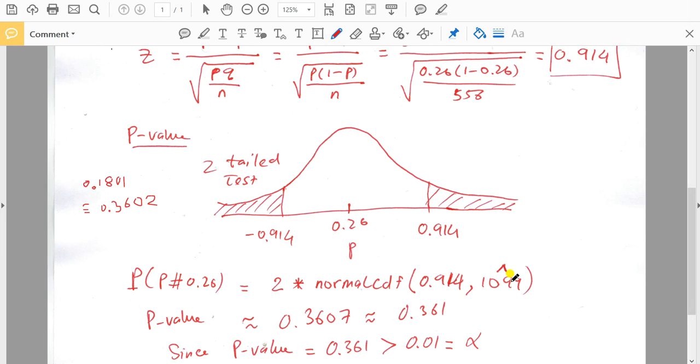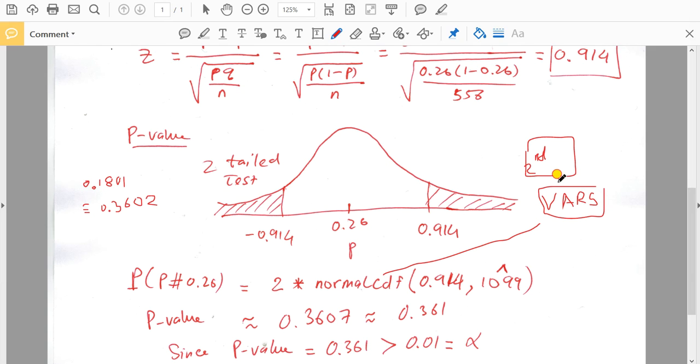So the lower limit is 0.914, and the upper limit is 10 to the 99. For the normal CDF function, you press second and then vars, the distribution button on your TI-83.